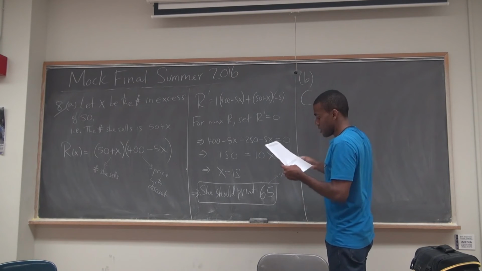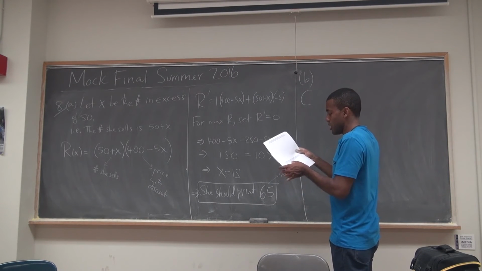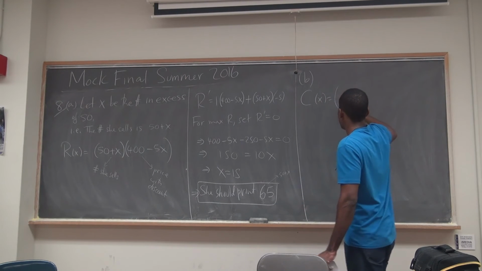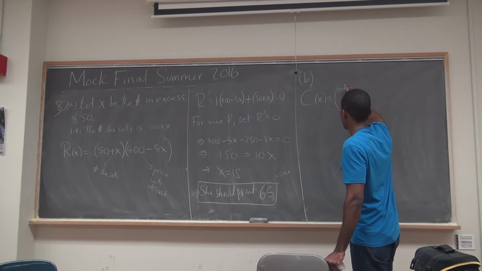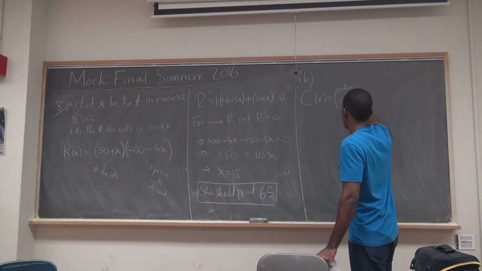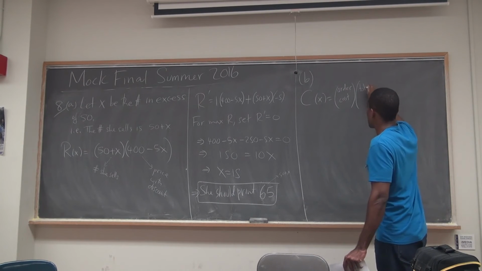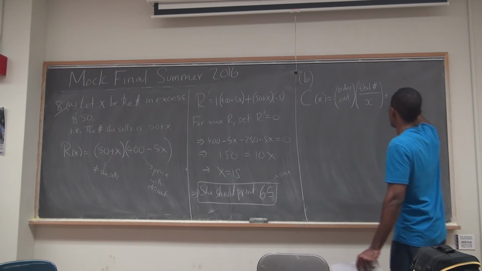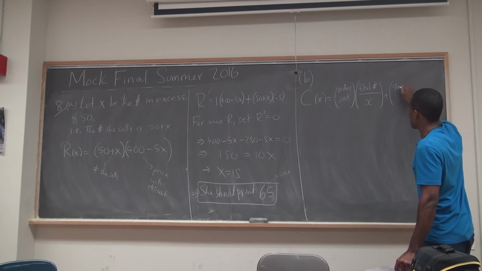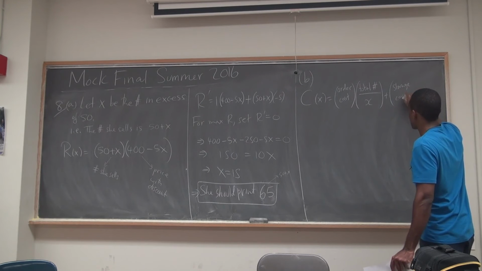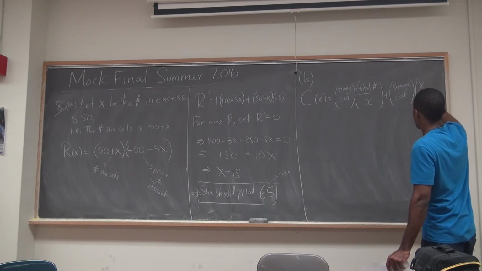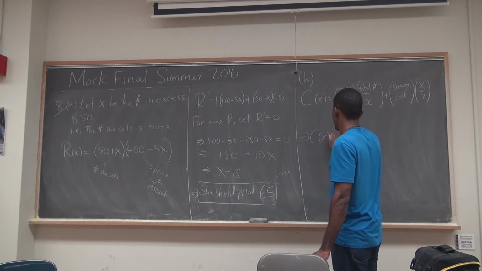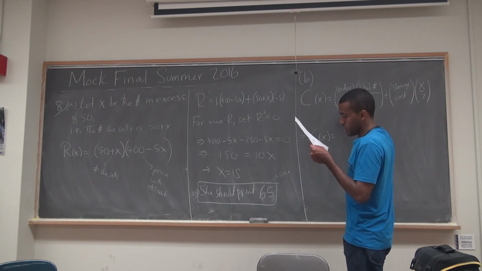This is inventory cost. Once you see inventory cost is even in the name, you actually know the formula for it. So we know that it's the order cost times total number over x plus storage cost times x over 2. Order costs.